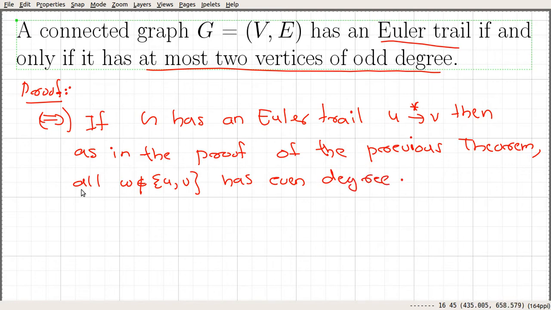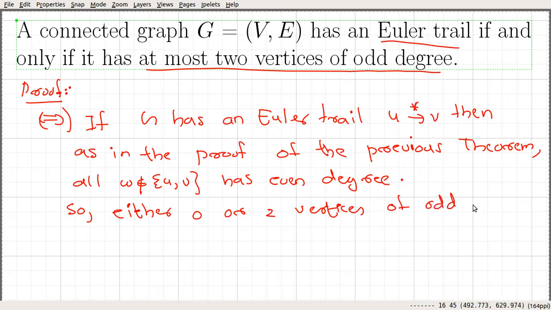So immediately you can see that either 0 or 2 vertices of odd degree must be there in the graph G. If U and V have odd degree, then we have 2 vertices of odd degree, and if U and V both have even degree, then we have 0 vertices of odd degree.